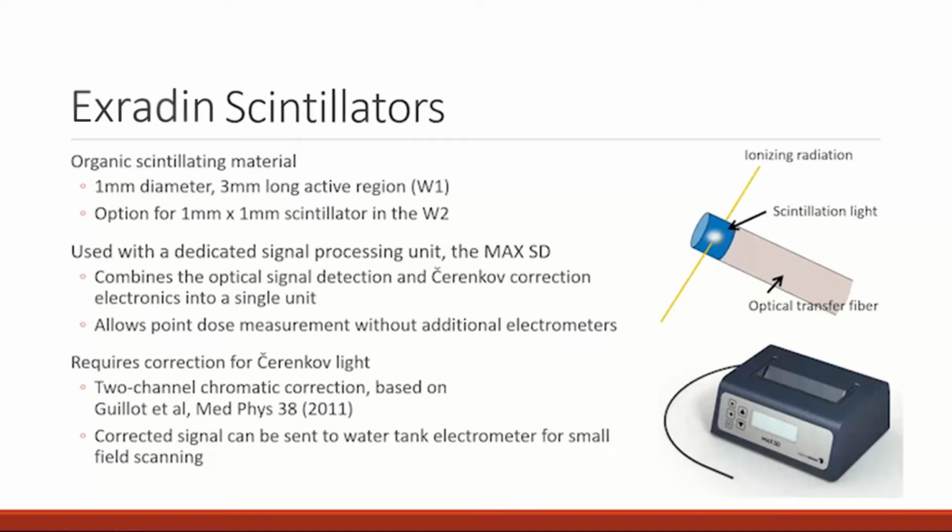It allows point dose measurement without any electrometers. It does require a correction for Cherenkov light, and they use the two-channel chromatic correction, and this corrected signal can be sent to your water tank electrometer for small field scanning.